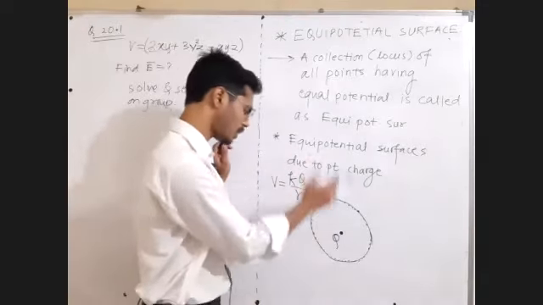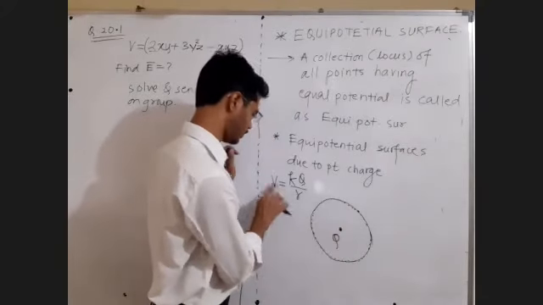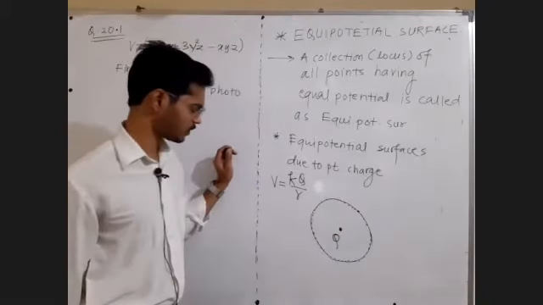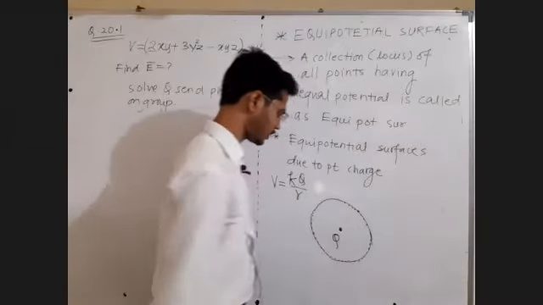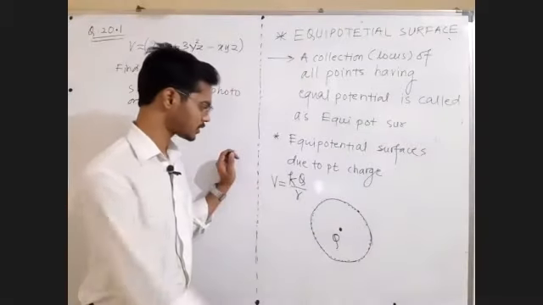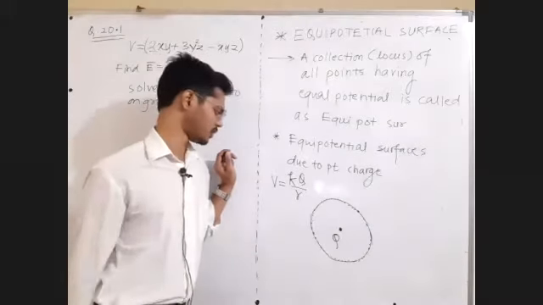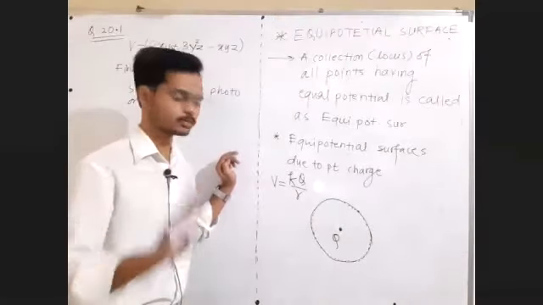As r goes on increasing, potential goes on decreasing. V is proportional to 1 upon r. The numerical value of potential will go on decreasing, that we know. Now let us take any other value of r. You can take 1.5, 1.2, or 2.9. Let me take 2.